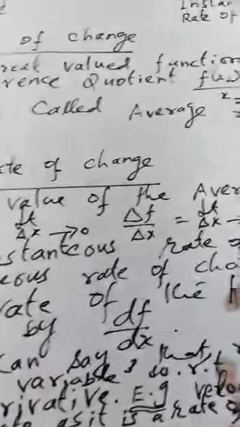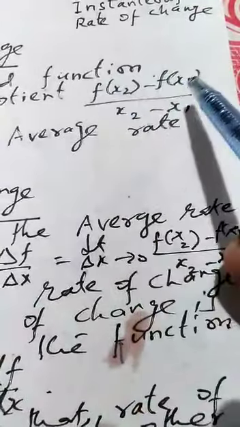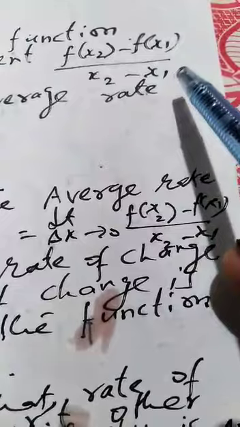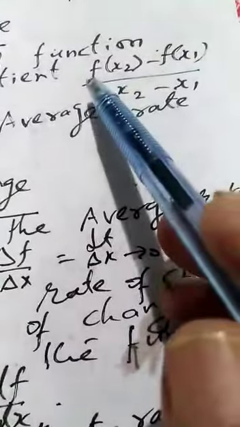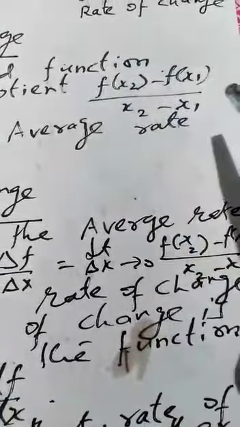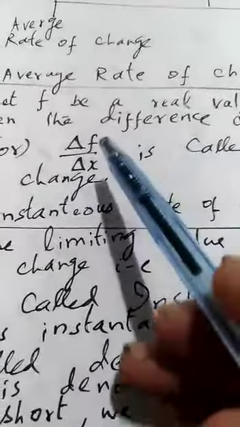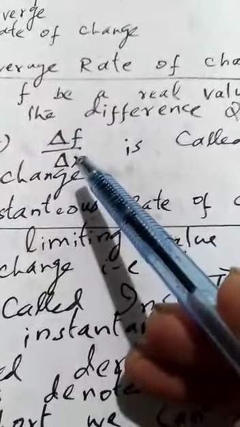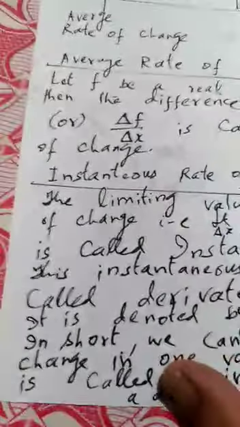Okay. So change in the value of f and change in the value of displacement variable x, their quotient means division, is called average rate of change. Okay. Or we can also write it as delta f over delta x. Change in f over change in x.